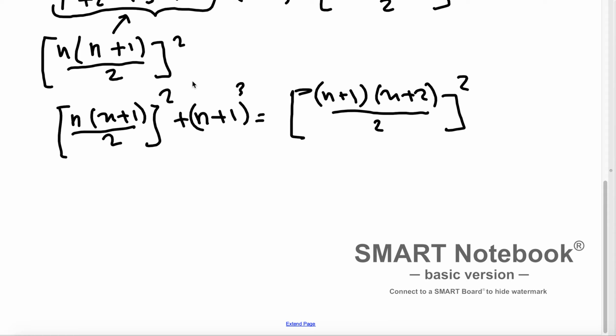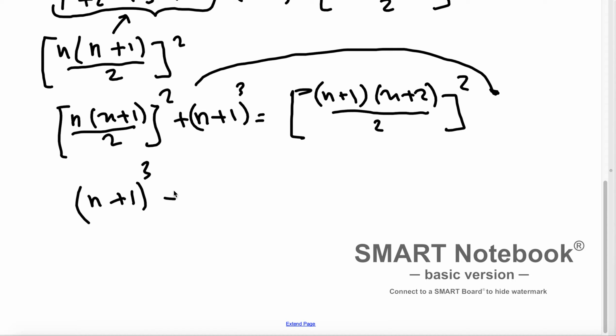In other words, this one I'm going to put on the other side, so I'm taking a shortcut, and the sign is going to change here to become a negative, but the left side is going to remain just n plus 1 cubic, equal to n plus 1, n plus 2, everything divided by 2.